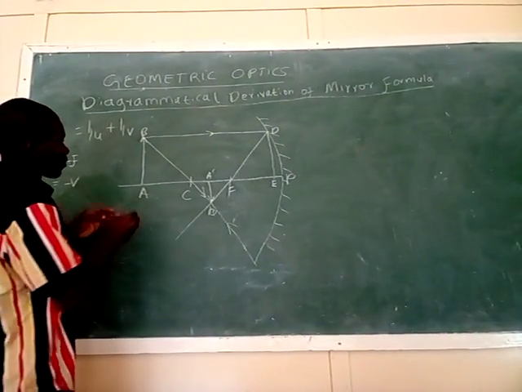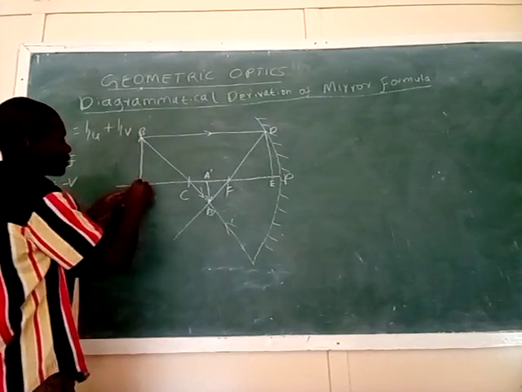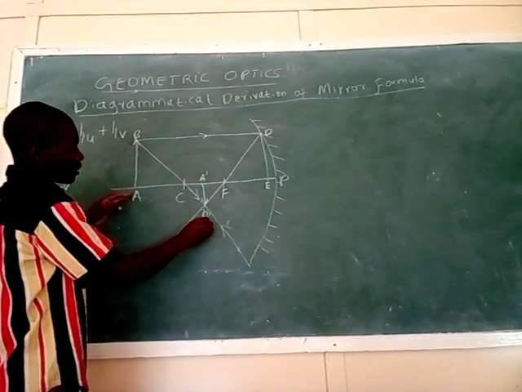Then AB is the object, and A prime B prime is the image.